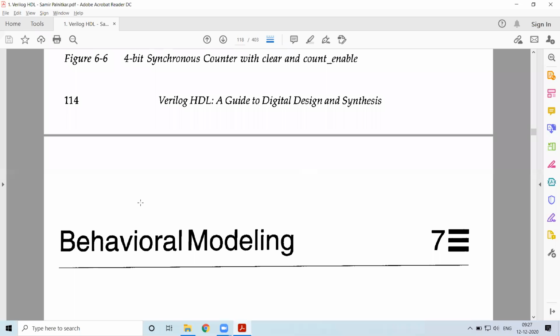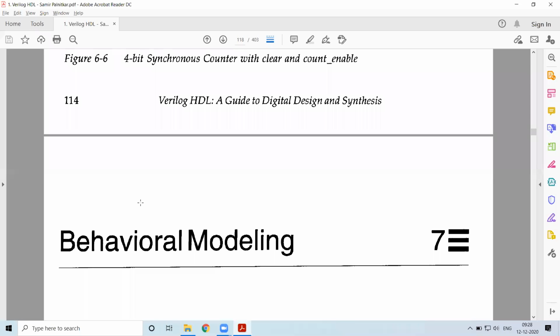Behavioral level of modeling is the highest level of abstraction, a much easier way to code, with no need to bother about the lower level implementations. In gate level, if you had to use an AND gate, you should know what the inputs to the AND gate are, where it is going, what the output is, and whether it goes to other gates or is directly connected to the output.